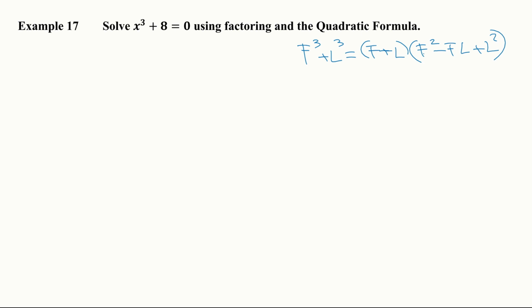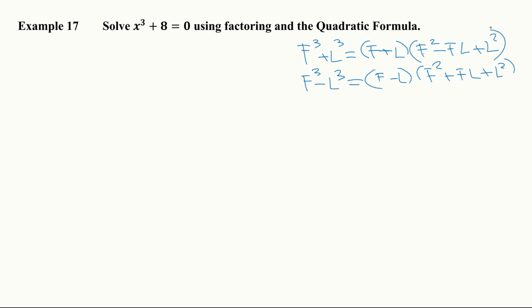And there's a negative version as well for the subtraction. F cubed minus L cubed is equal to quantity f minus L times quantity f squared plus fl plus L squared. So I'm reminding you in case you have to use that on the homework or something like that, you have access to both of them.